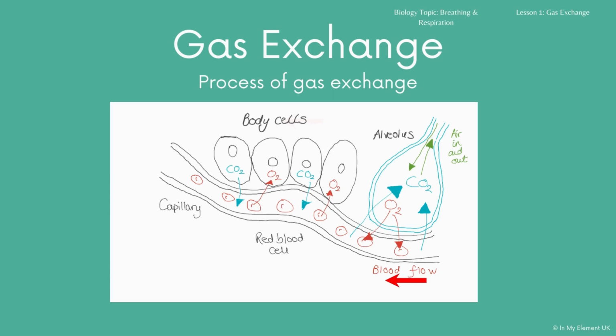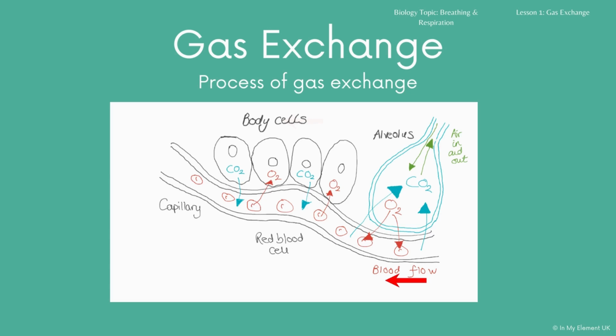Now, the opposite direction, what's happening in the opposite way, is carbon dioxide has been made as a result of respiration. This is in the body cells. So carbon dioxide is in the body cells. It will diffuse across the one cell thick capillary wall into the blood. Okay, it will be found in the plasma of the blood.